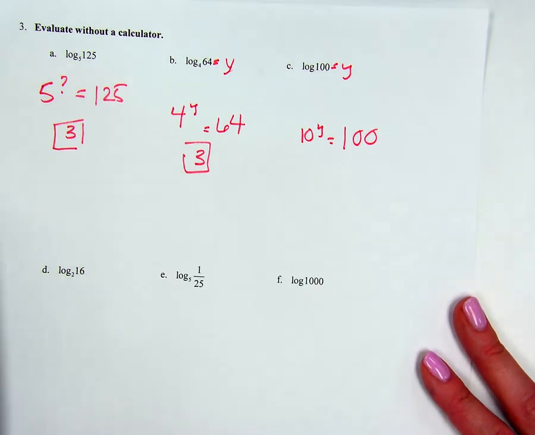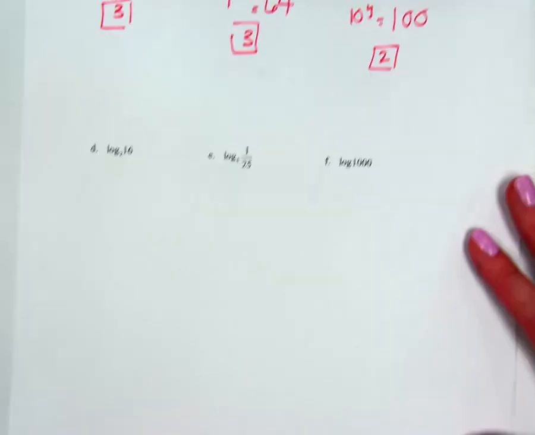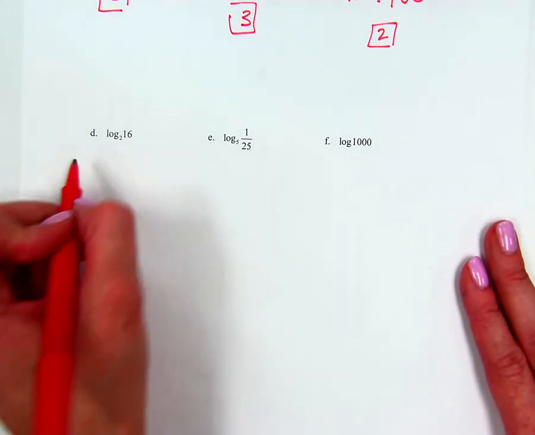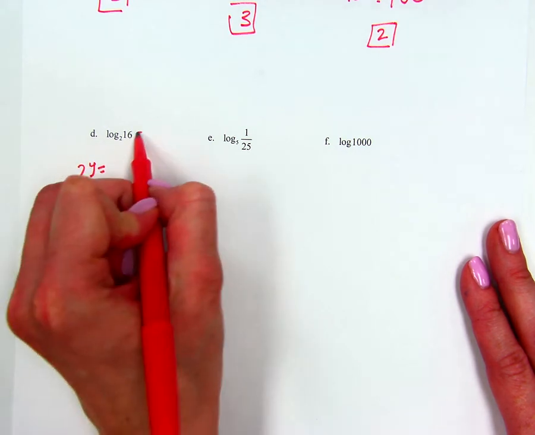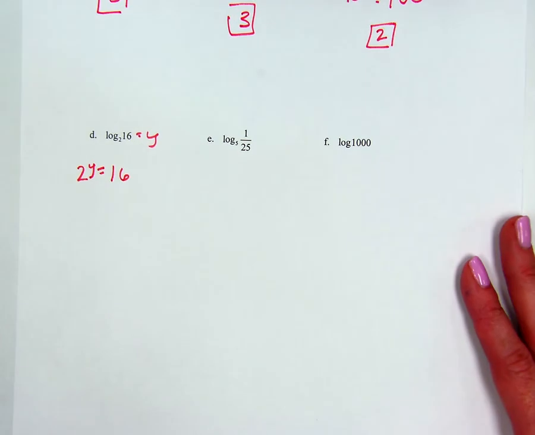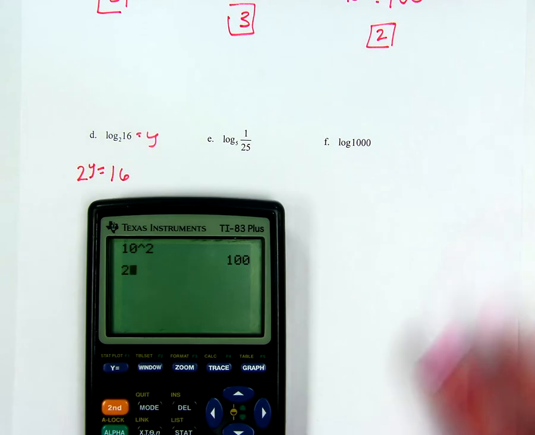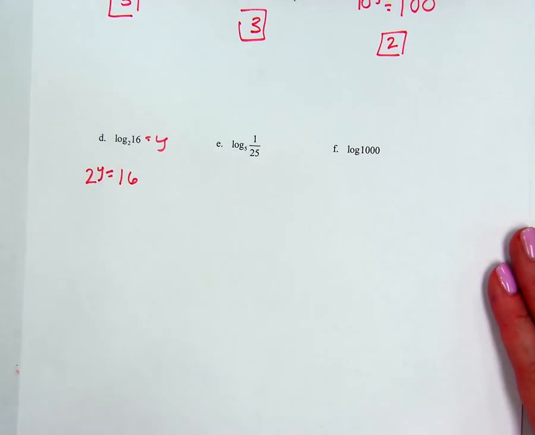So my answer is 2 for C. Same thing for D. We'll rewrite that: 2 to the y equals 16. We'll just do some guessing and checking here. I'll do 2 squared, 2 to the third, 2 to the fourth, and there's my answer. So my answer is 4.